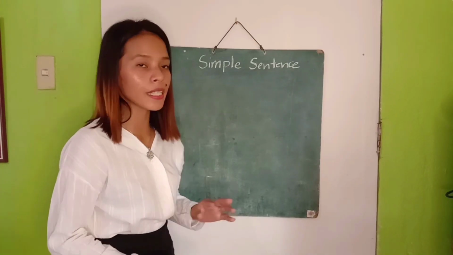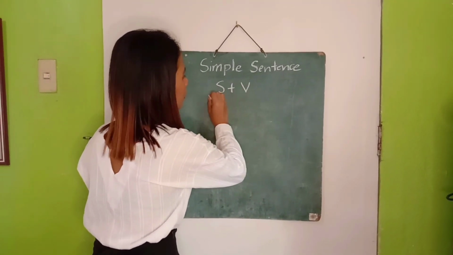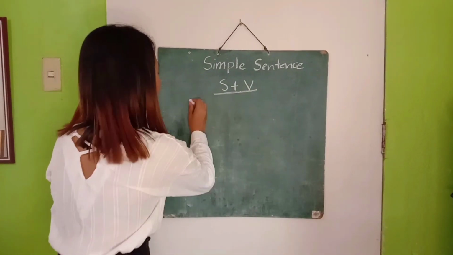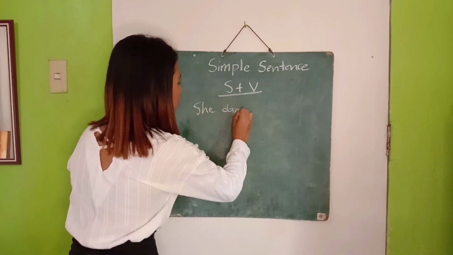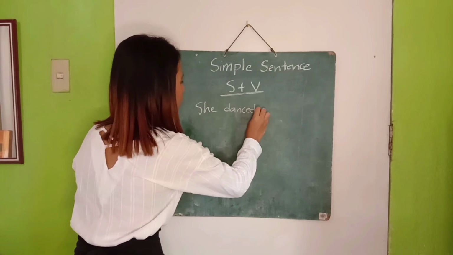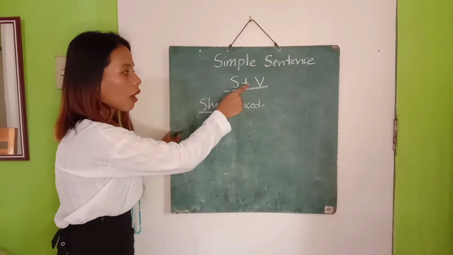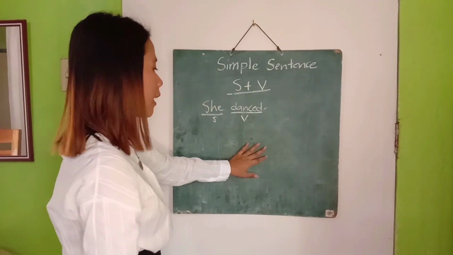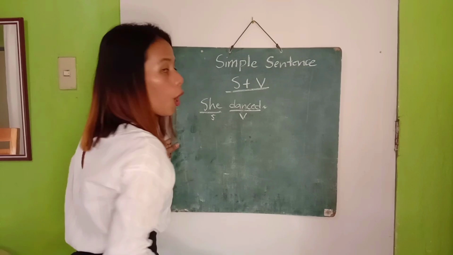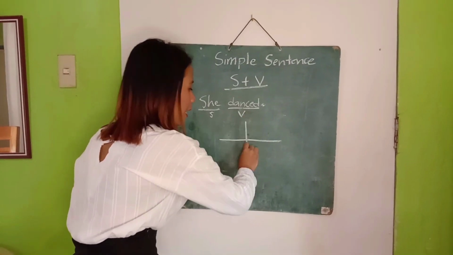A simple sentence contains a subject plus a verb. For example, she danced. Our subject is she and our verb is danced. To diagram this sentence, we're going to draw a horizontal and a vertical line.